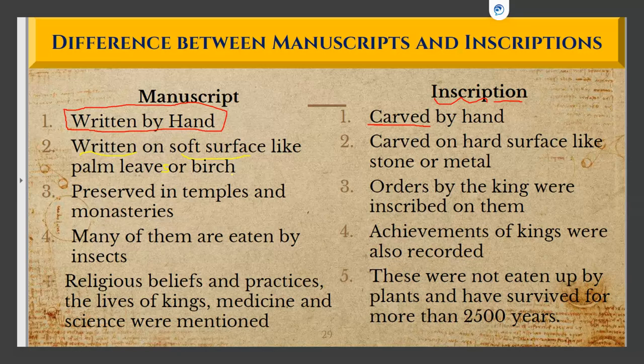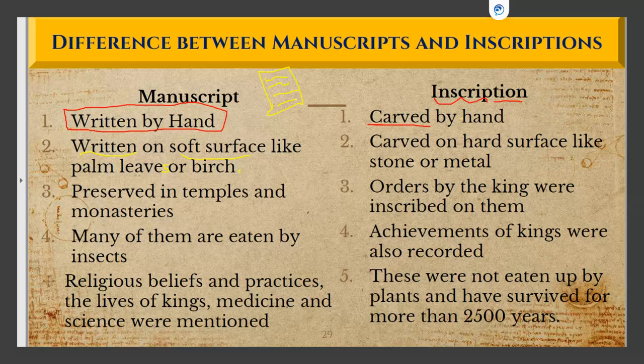Birch is the bark of trees, and they write on it too. Birch can be found in India, in the Himalayan region, where it is grown. So manuscripts are written on soft surfaces like palm leaves or birch, etc. If this is a palm leaf, they write here.